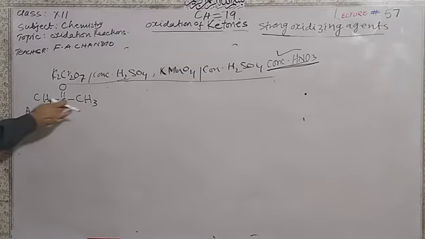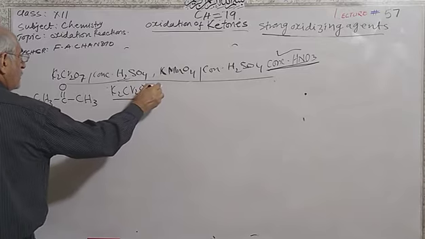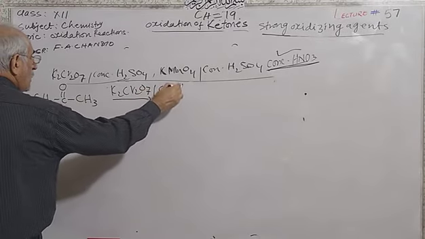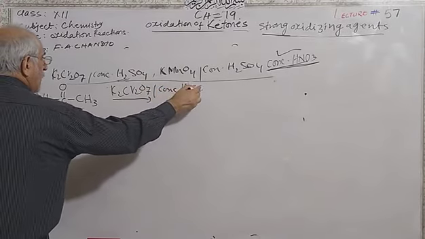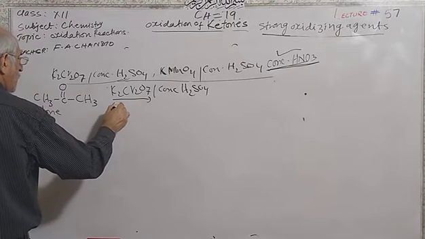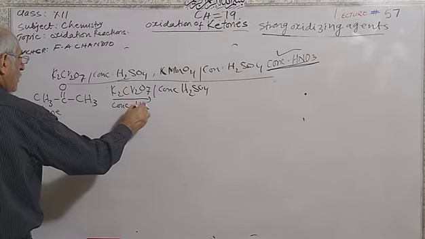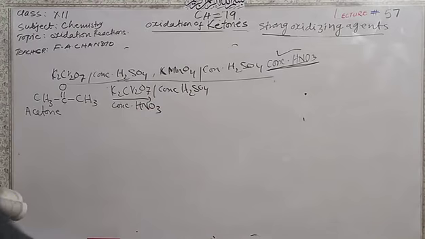So in the presence of these conditions, we use a strong oxidizing agent, potassium dichromate, concentrated sulfuric acid with concentrated nitric acid.